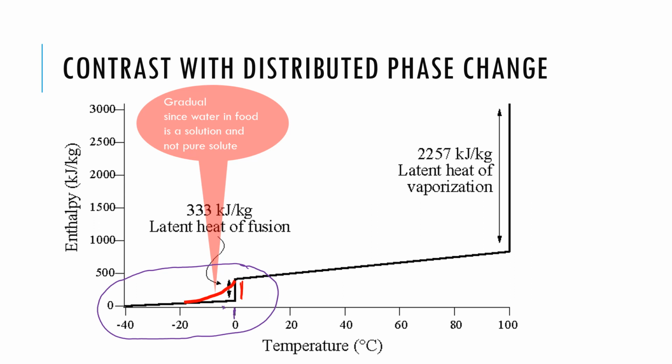In other words, I'm making the point that with distributed phase change, if the latent heat is released over a temperature range, that means spatially there will also be a range, a finite region over which phase change happens, and not a sharp interface.